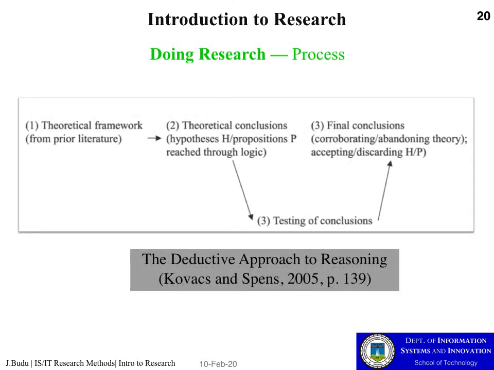The other type of doing research is deduction. In deduction, you identify what previous researchers have said about why fraud occurs. So maybe there's a theory of fraud.